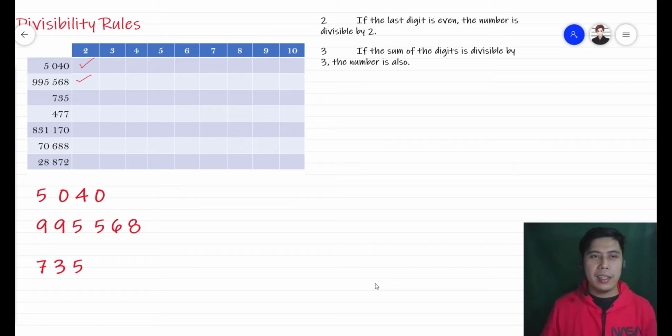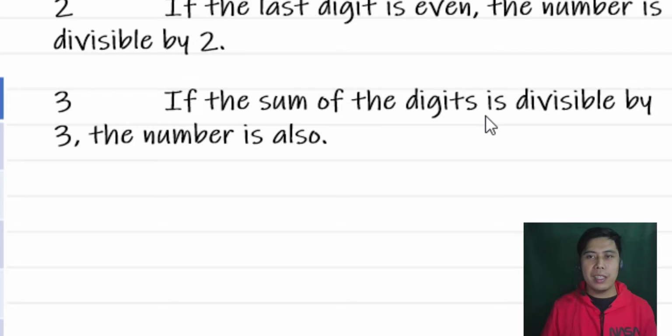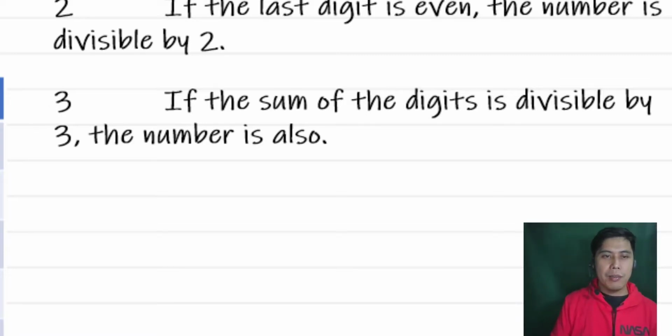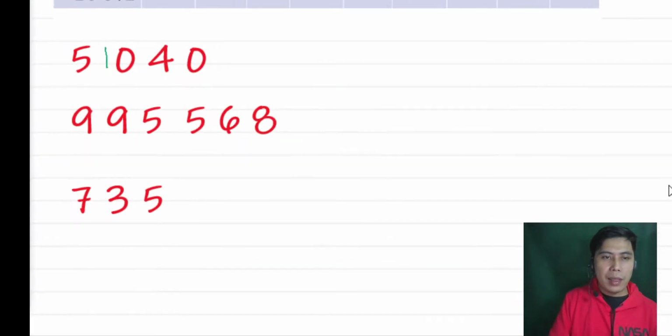And next is the divisibility rule for 3. How do we know if a number is divisible by 3? The rule says that a number is divisible by 3 if the sum of the digits of that number is divisible by 3. Meaning, we have to get the sum of all the digits. So how do we do that? For this example, 5,040, we have to get the sum of the 4 digits.